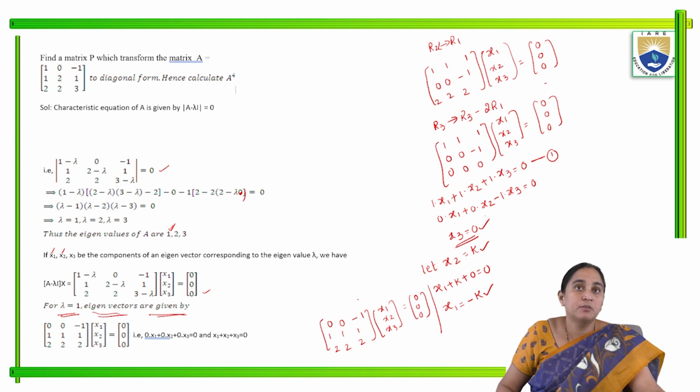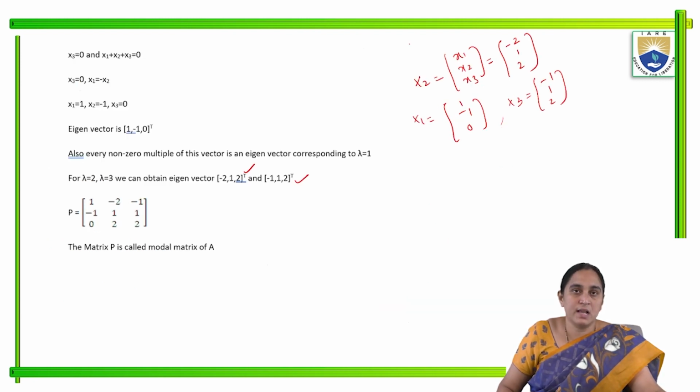What about the diagonal form for distinct eigenvalues? First of all, we have to find the eigenvalues and the corresponding eigenvectors and write the eigenvectors as one matrix. That matrix is called the model matrix.